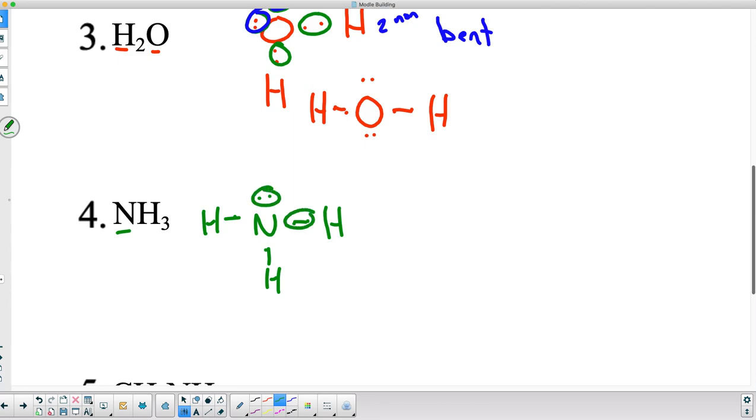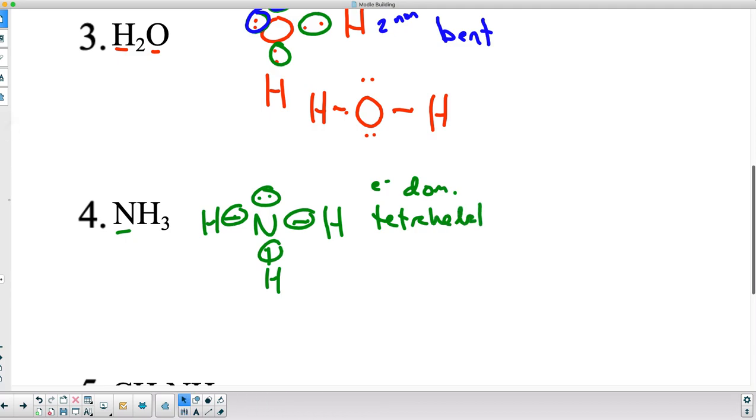We have 1, 2, 3, 4. Again, for electron domain, this is tetrahedral. And the number of lone pairs is 1. So if you have 1 non-bonding, that would be trigonal pyramidal.